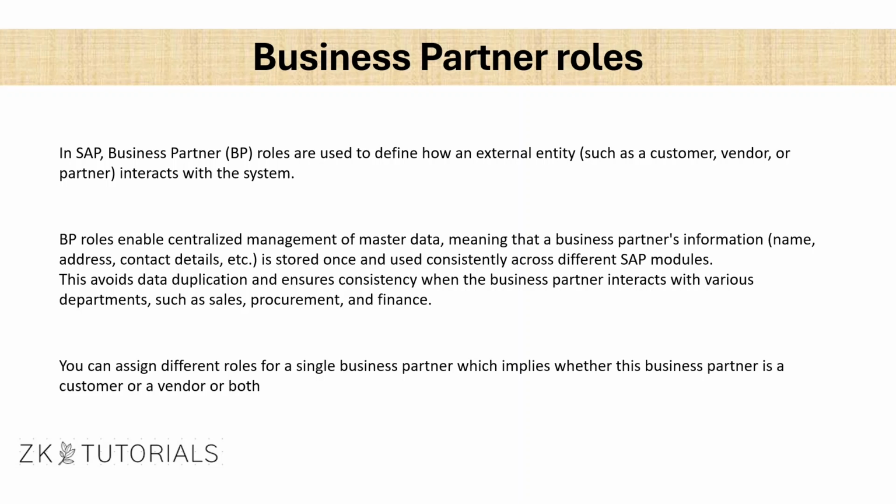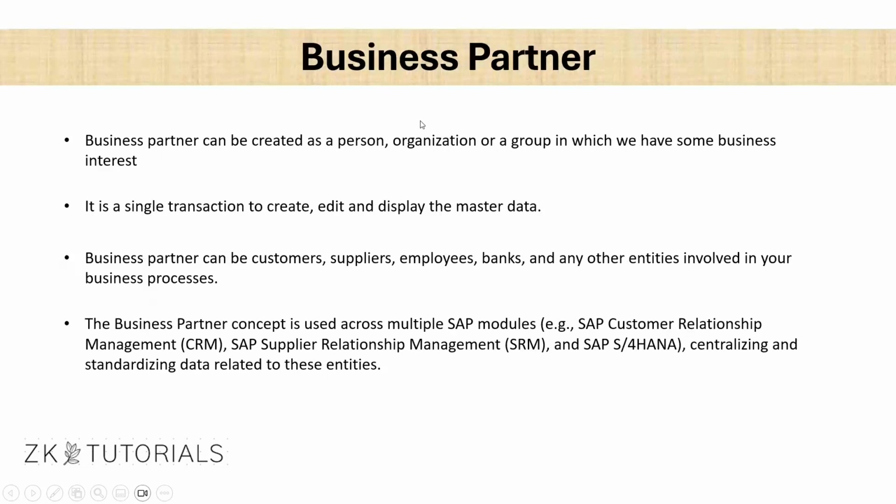This avoids data duplication and ensures consistency when the business partner interacts with various departments such as sales, procurement, and finance. You can assign different roles for a single business partner, which implies whether this business partner is customer or vendor or both.